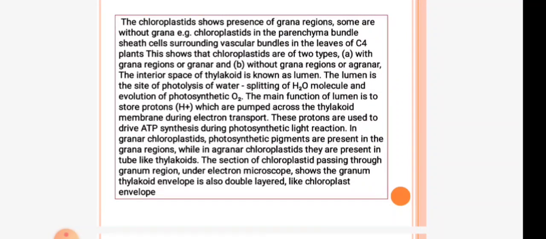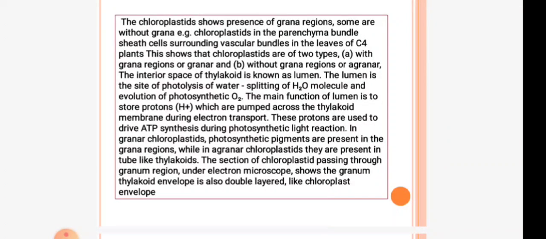Most chloroplastids show the presence of grana regions. Some are without grana, for example, chloroplastids in parenchyma bundle sheath cells surrounding vascular bundles in C4 plants. This shows that chloroplastids are of two types, with granar region, granar, and without granar region, agranar.